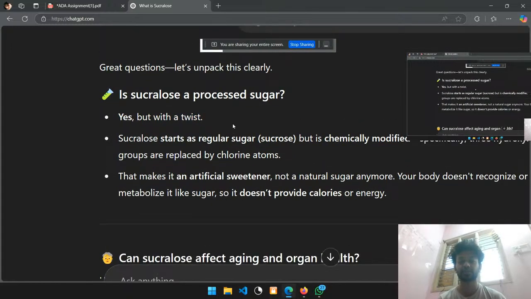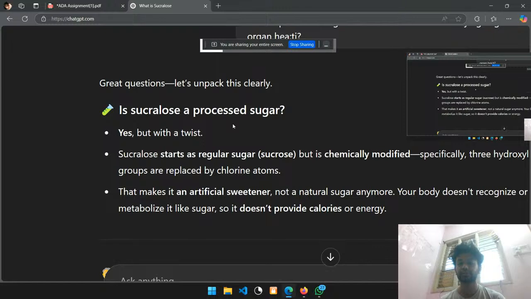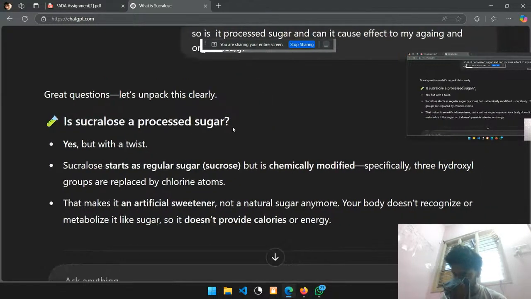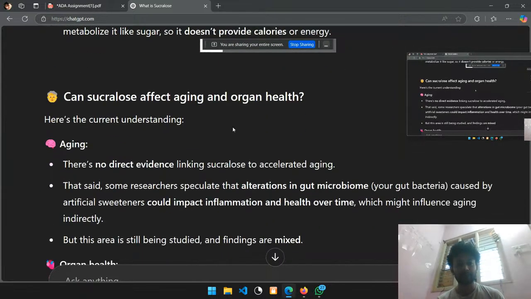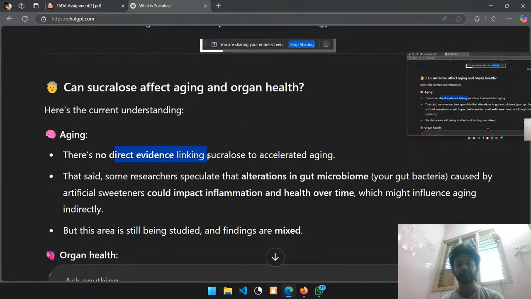Sucralose starts as sugar but is chemically modified. It's not a natural sugar. Your body does not recognize or metabolize it like sugar, so it does not provide calories or energy. There is no direct evidence that sucralose accelerates aging. That said, some researchers speculate inflammation and gut health over time might influence aging.